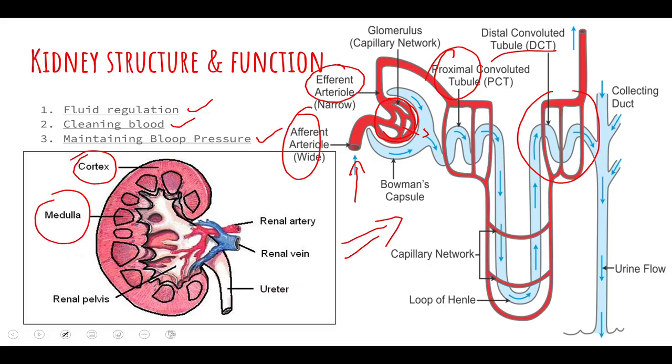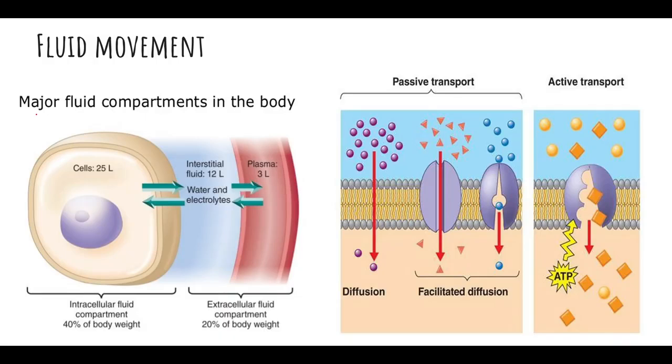In this video, I'm going to be talking more about fluid regulation and cleaning of blood, because that's what the CRRT machine does. Also important is to understand the fluid movements in our body. Now, we do have two types of fluid in our system, right? We have fluid that is inside of our cells, and then we have fluid that is outside of our cells.